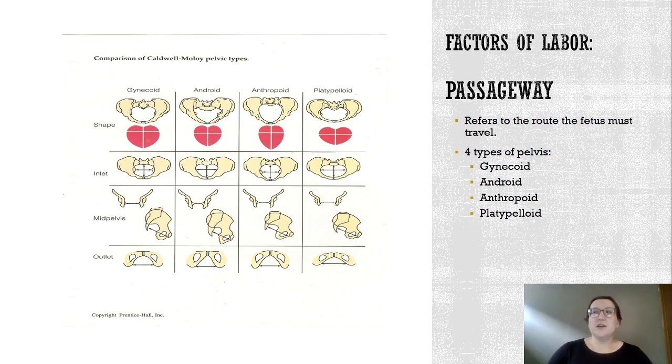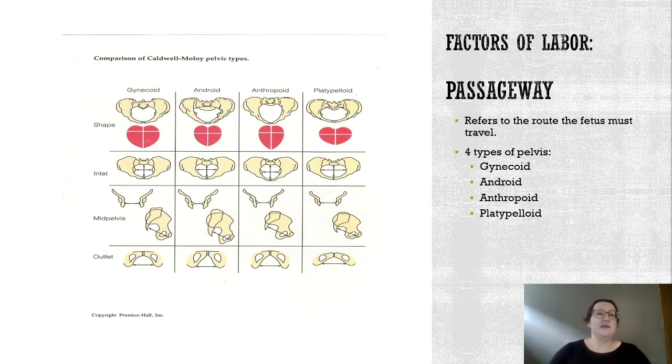So when we're talking about different types of pelvis, we have four: gynecoid, android, anthropoid, and platypelloid. The gynecoid is the classic female-shaped pelvis. This is how they can tell on those mummies whether we're looking at male or female. One way is by looking at the pelvis.